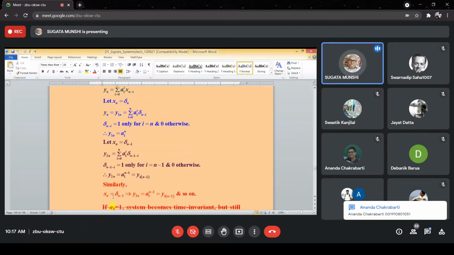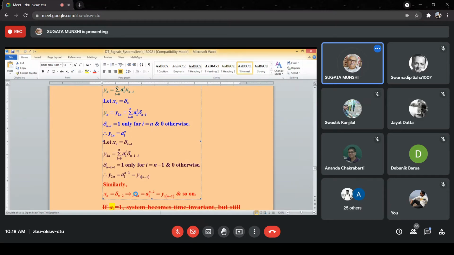In a similar manner, if you consider x[n] equal to delta[n minus 2], sorry, this will not be y2[n], this will be y3[n] equal to a1 to the power n minus 2. That means y1[n minus 2].